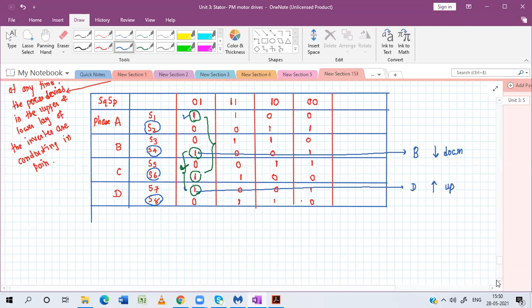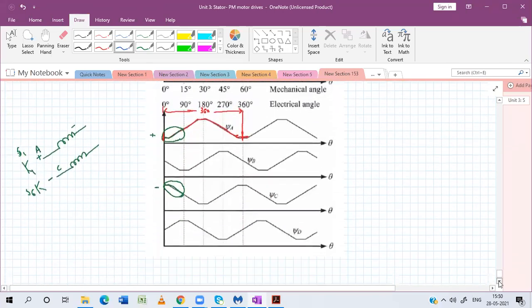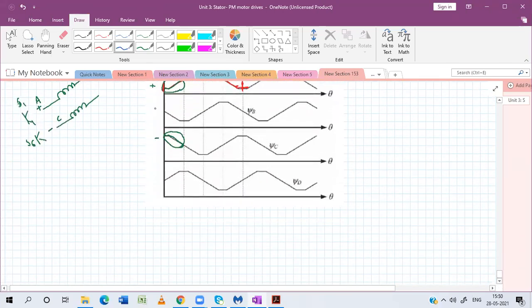That should be drawn in the waveform. Here you can see for the same, this is our B. B is going down and D is rising. Are you getting this?